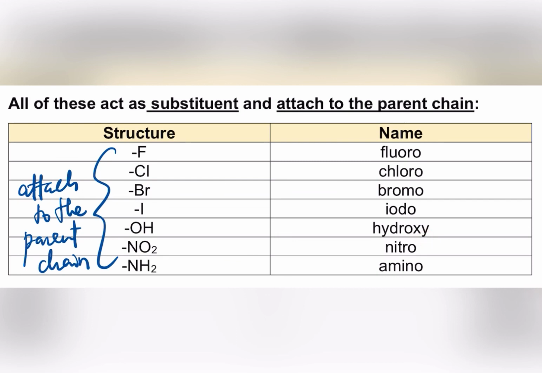Please be careful with this one because it is without L. It is not a functional group because this structure is a substituent. And the next one we got NO2, nitro, and the last one NH2, as amino. So these are all examples of substituents that can attach to the parent chain.